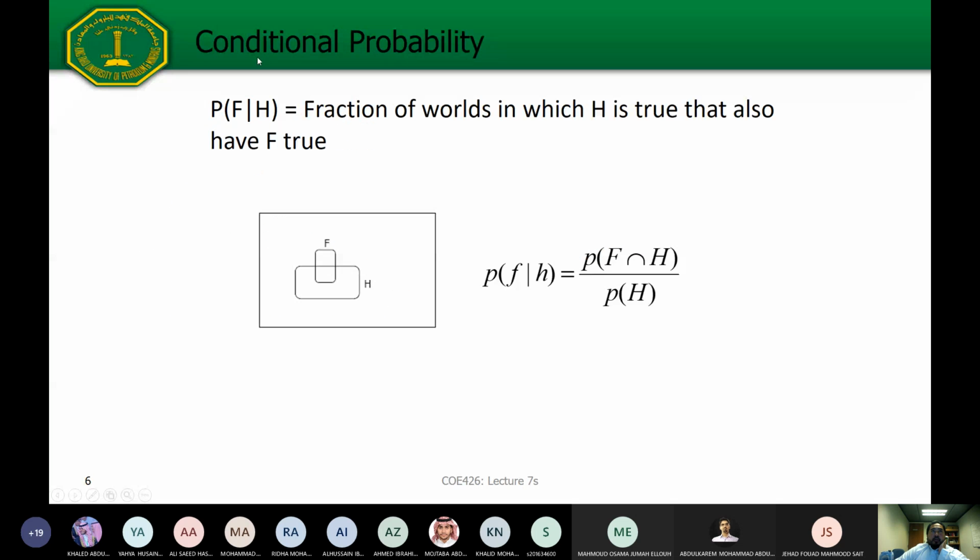And then we have conditional probability. So if you have the probability of F conditioned on H, which is basically the fraction of the worlds in which H is true and F is also true.